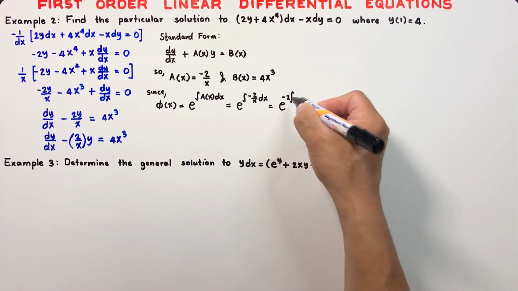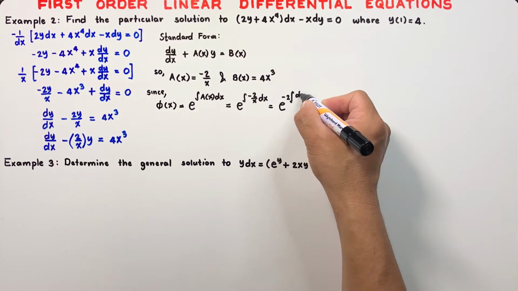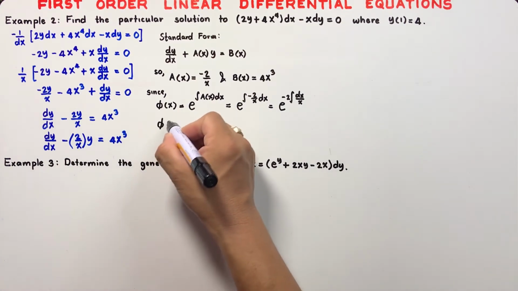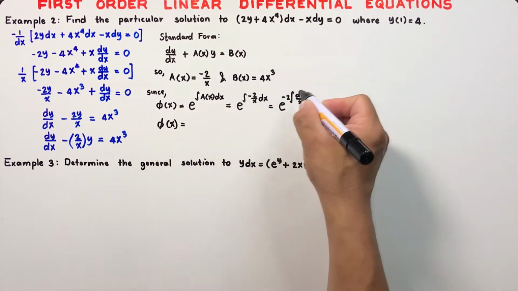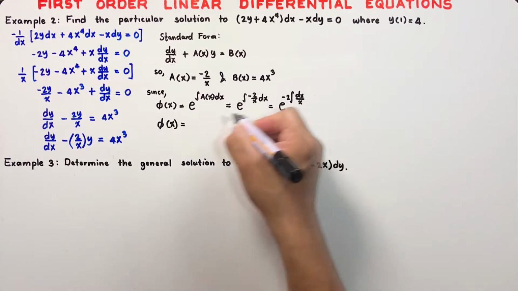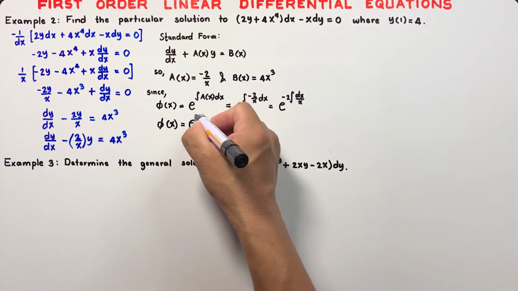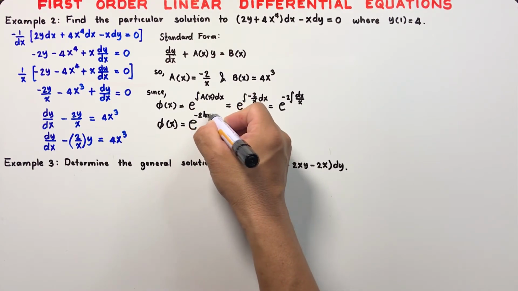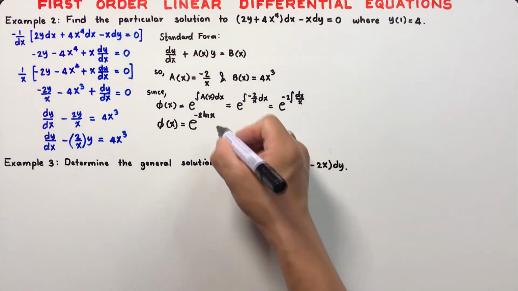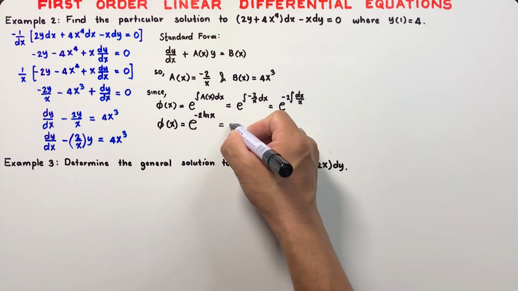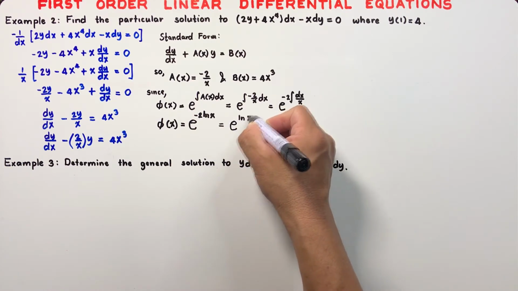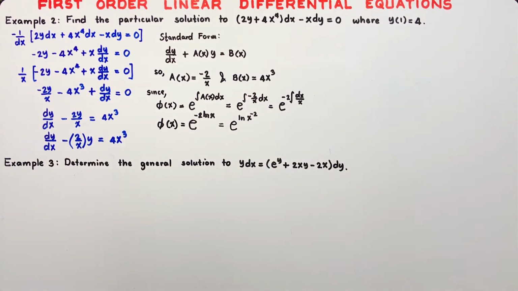So this is negative 2 times the integral of dx over x. And we know that the integral of dx over x is ln x. So this is e to the power negative 2 times ln x. And applying the property of logarithms, we have e to the power ln x to the power negative 2, because this negative 2 can be an exponent to x.